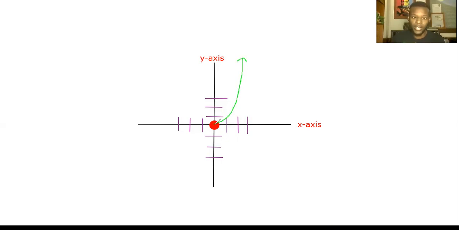It kind of looks something like that. Okay, it's not perfect, but this is what the original parent function graph of the cubic function looks like.